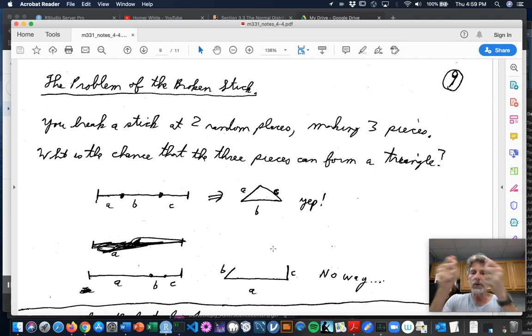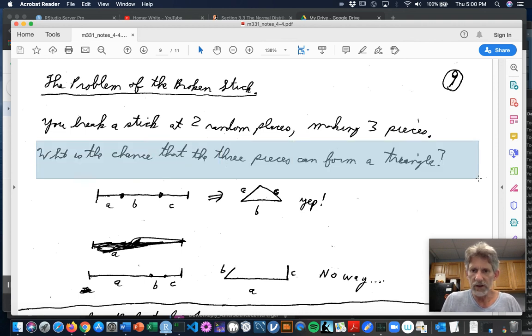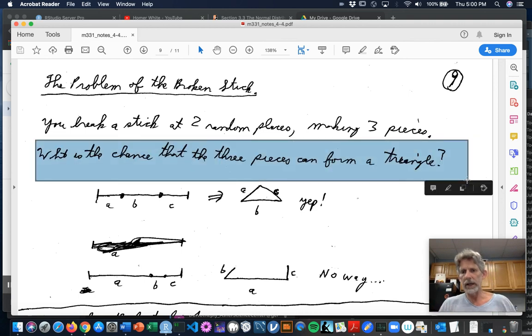And any of the 2 breakpoints are equally likely to occur anywhere along the length of the stick. When you do 2 breakpoints, you're going to break that stick into 3 pieces. 3 pieces will be the result of 2 breakpoints, right? And my question is, what's the chance that the 3 pieces can form a triangle?